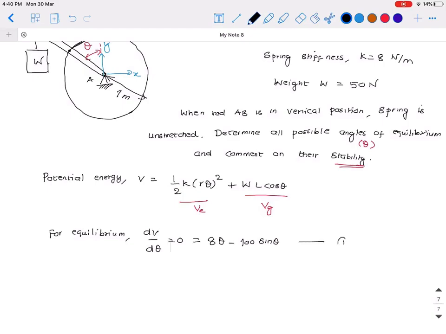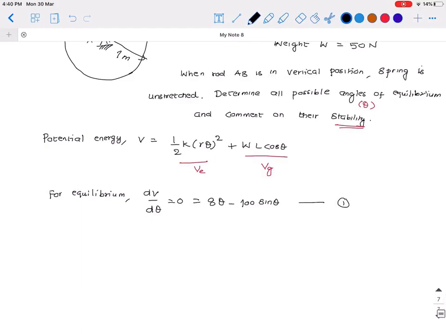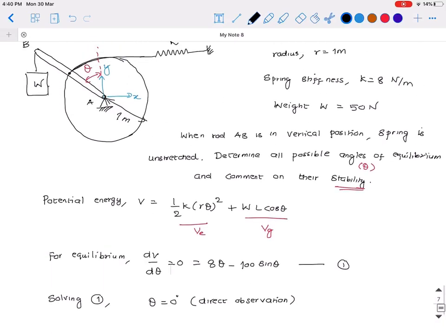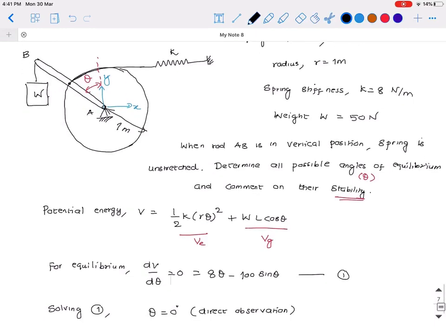So we need to find all possible theta for equilibrium. Solving this, we get theta is 0 degree. This you can write from direct observation of this equation itself. So one possible equilibrium configuration is theta of 0 degree, which means the rod AB is in vertical position.